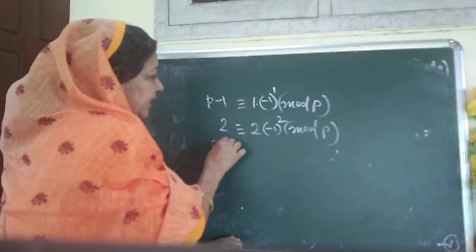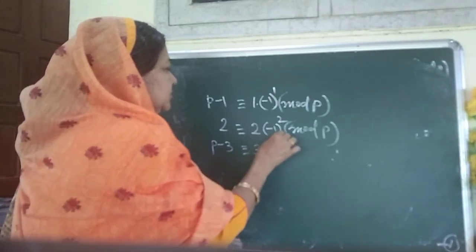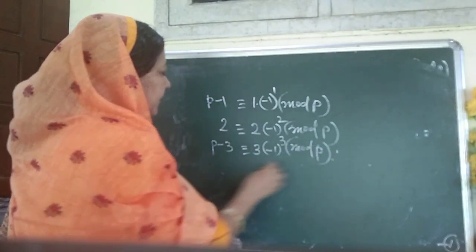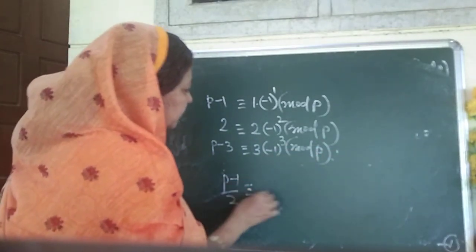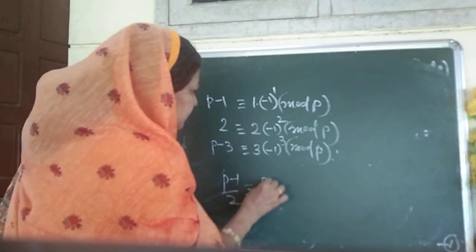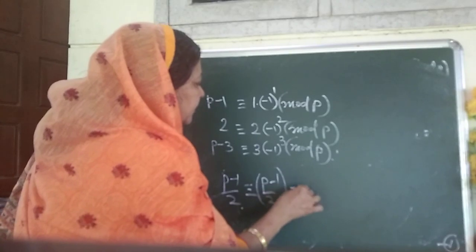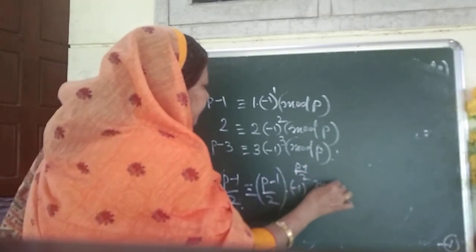Then p minus 3 is congruent to 3 times (-1) raised to 3 modulo p, etc. (p minus 1)/2 is congruent to (p minus 1)/2 times (-1) raised to (p minus 1)/2 modulo p.